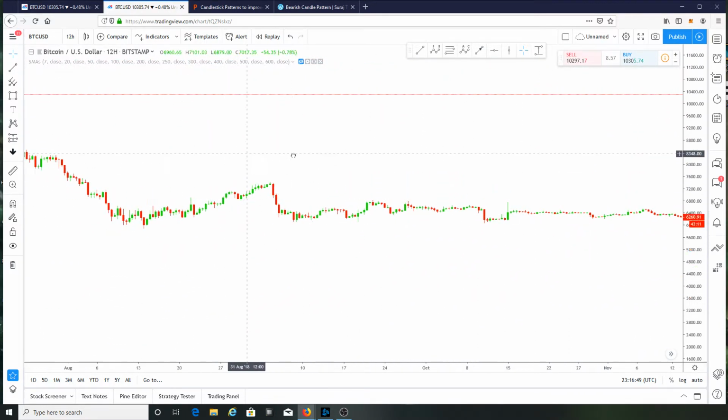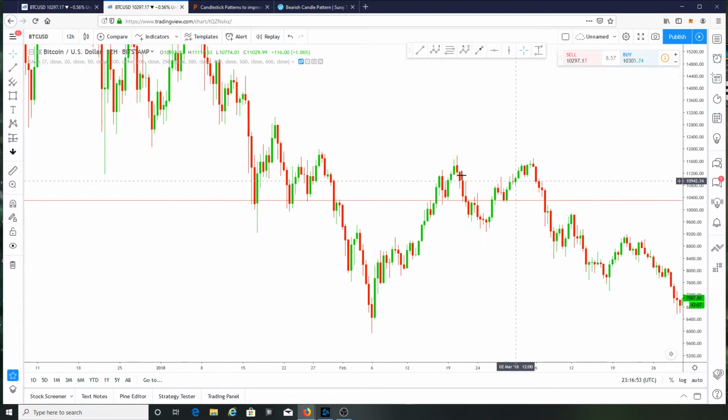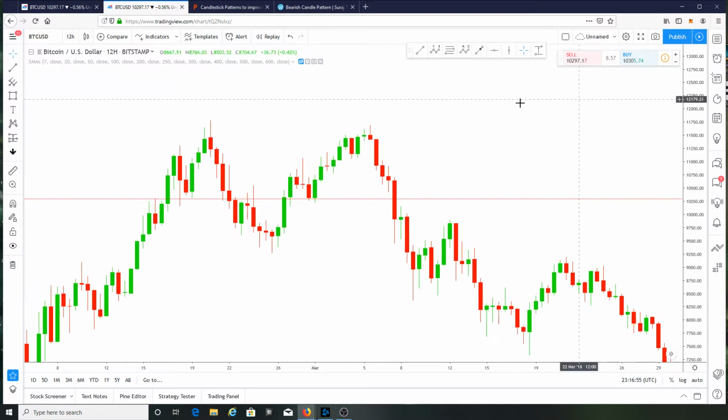There's too much chop right there. Okay, well, I guess here's one. It's a little one. So this is an inverted hammer right here. The red candle has a nice flat body at the bottom, and it's got this little wick poking up right here. You can see the result of the downtrend afterwards.